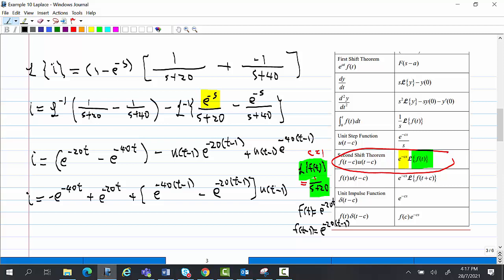That's the final answer for example 10. So the answer for example 10 is this one.